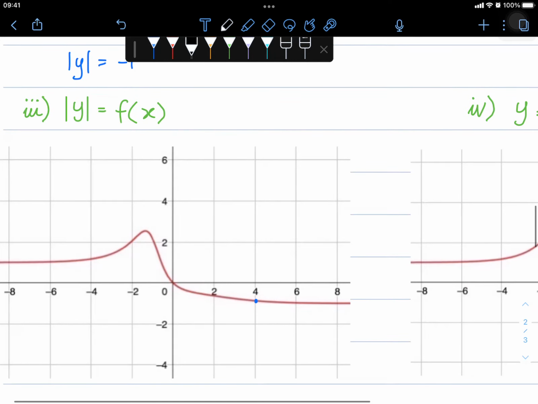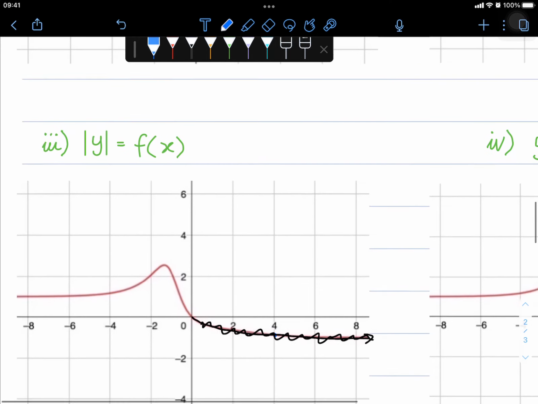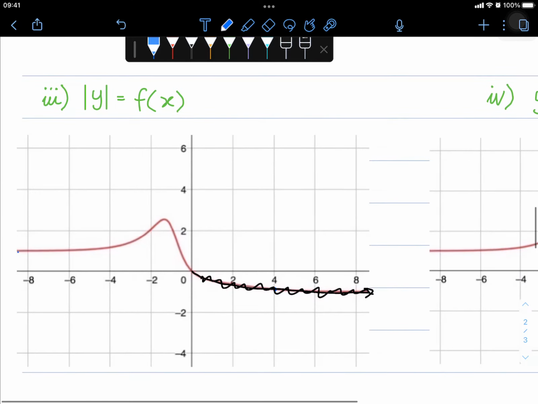Because of this, I'm going to highlight this in black, this no longer exists in this relation. So these no longer exist. And as we've seen previously, whenever you see a positive f of x, it still exists.